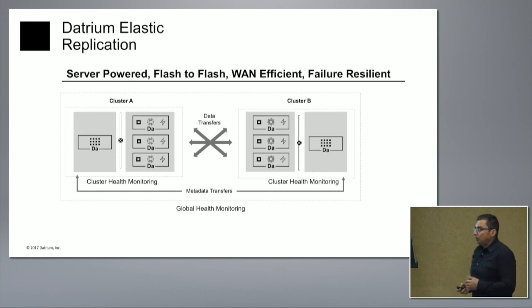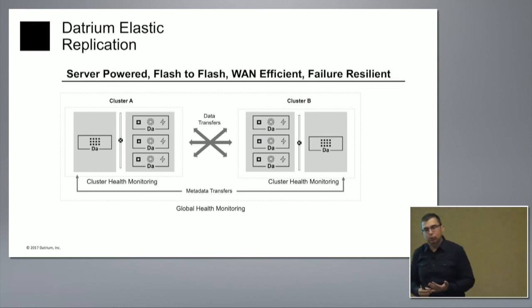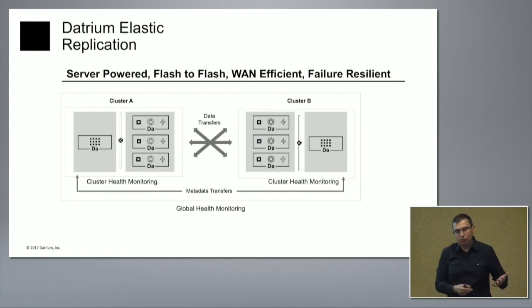Just to pop up one level, any replication system, to be effective, essentially has to solve three problems. First of all, it has to replicate data, and it has to do it efficiently. By that, I mean it should only replicate data that has changed. It should not be replicating data that hasn't changed or wasn't requested for replication just because it's convenient to do so. That's number one.